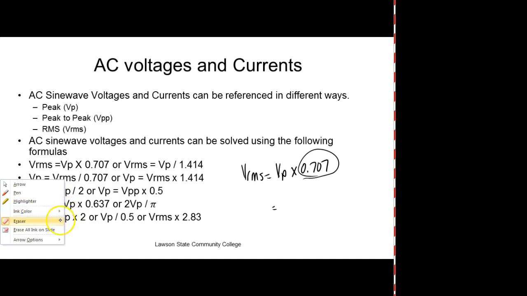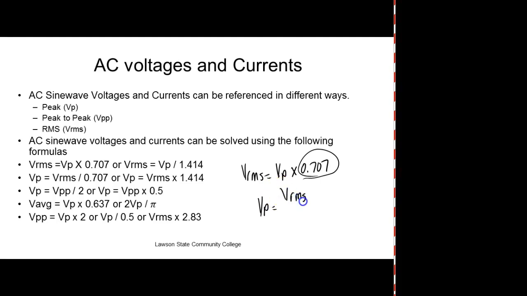Which is bigger, RMS or peak? Good. So I'm either going to multiply by 0.707 or I'm going to divide by 0.707. If we divide by a fraction, we come up with a bigger number. If I multiply by a fraction, I come up with a smaller number. So to go to V peak, I would take my VRMS and divide it by 0.707.